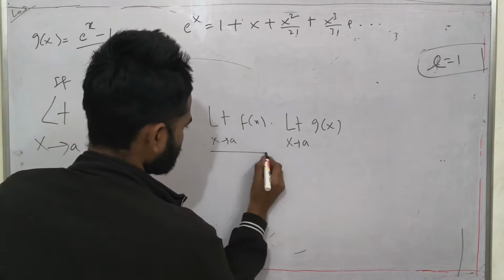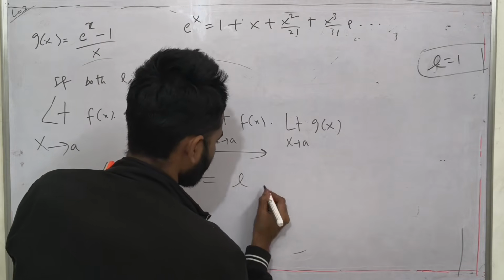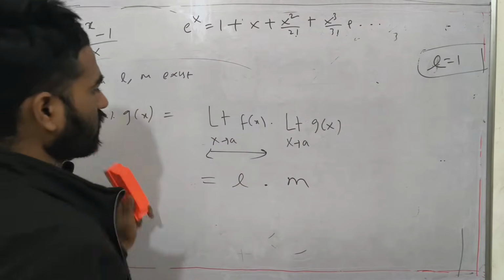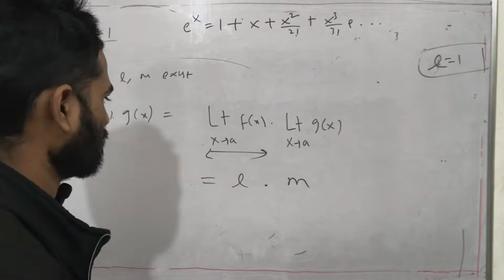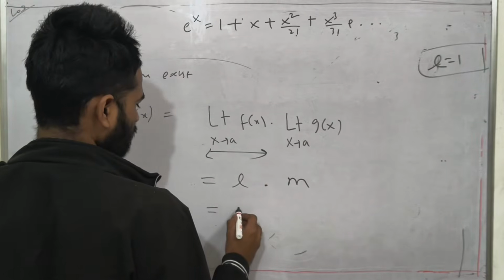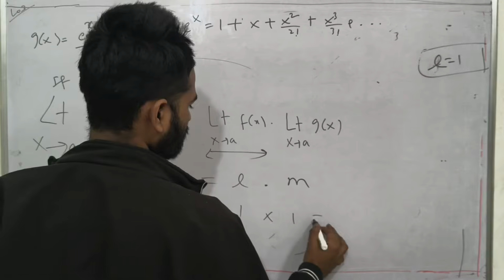This is direct substitution of values, meaning L into M. What is the value of M? L equals 1, and 1 into 1 equals 1.